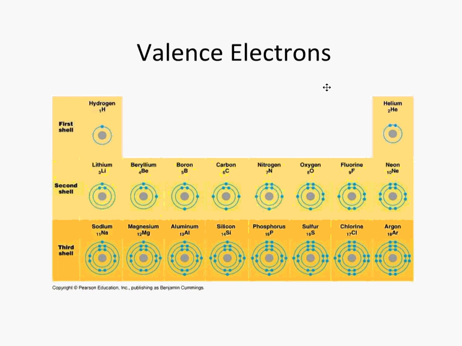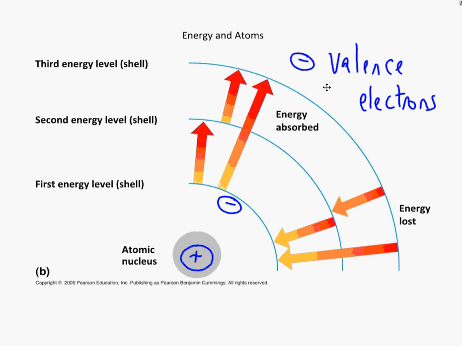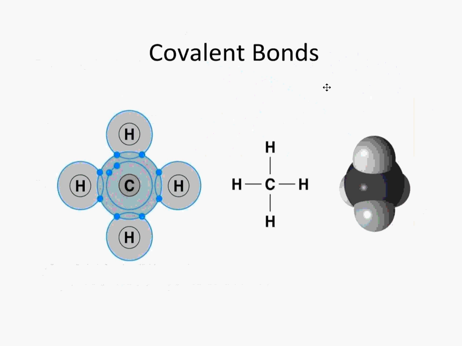Here are some examples of valence electrons. Hydrogen only has one electron, so it has one valence electron. But you notice with some of these bigger atoms that have a lot more electrons, they still have valence electrons, even though there's more electrons to be had. And this represents both the idea of potential energy and kinetic energy. Kinetic energy is energy that is moving. Potential energy is energy that is kind of stored up.